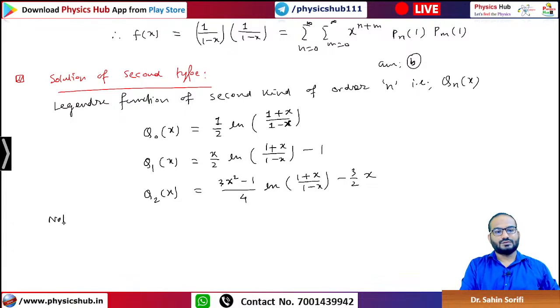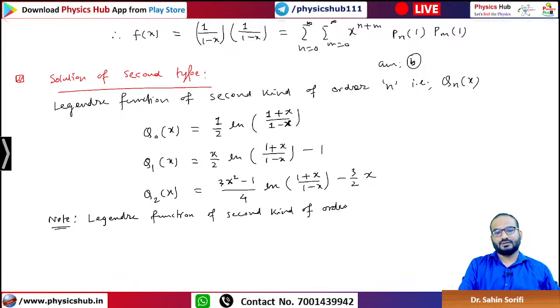So there are some notes. Legendre function of second kind of order n is undefined at x equals 0.